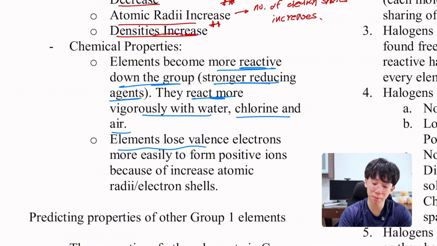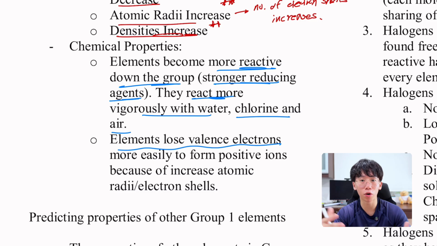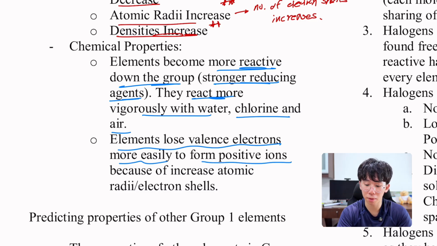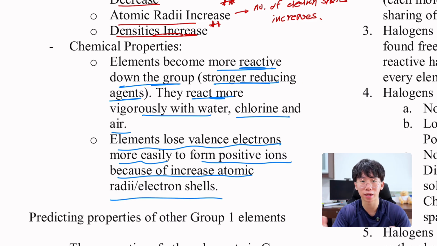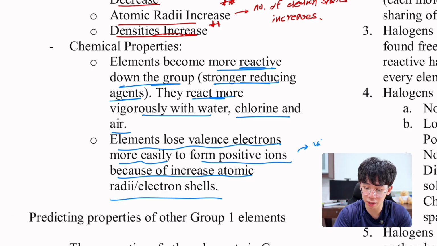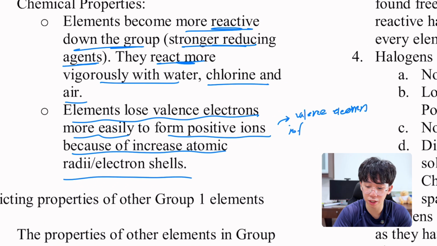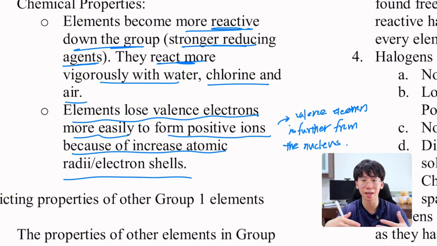And the elements lose valence electrons more easily to form positive ions because of the increase in the atomic radii, or the number of electron shells. This is all because the valence electron is further from the nucleus, so it's easier to lose the valence electron.